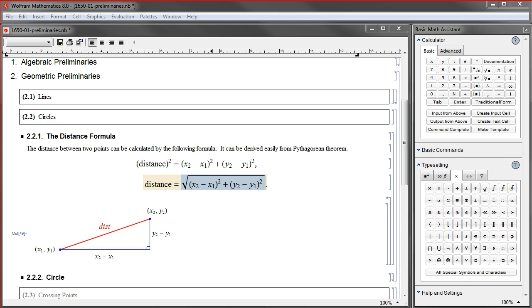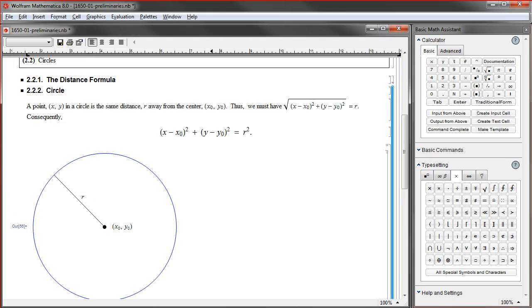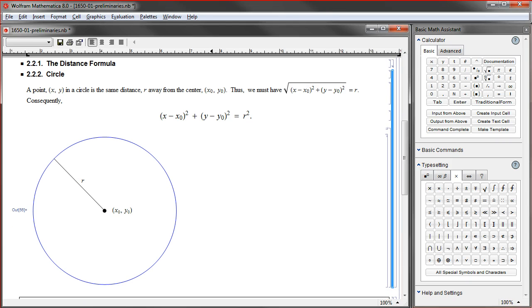Now, if I apply the distance formula to analytic geometry, then we can get a circle. x naught, y naught is the center, and x comma y is an arbitrary point on the circle. So from that circle, I draw a radius, as you can see in this picture.